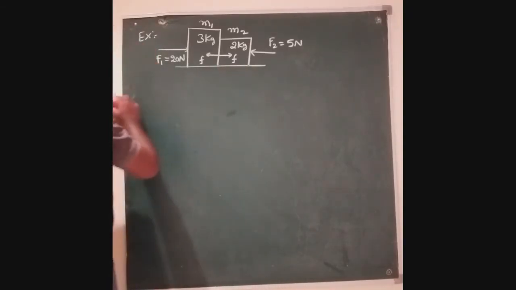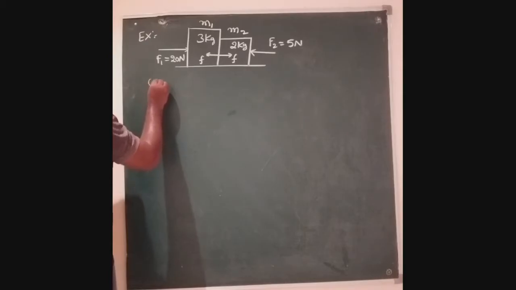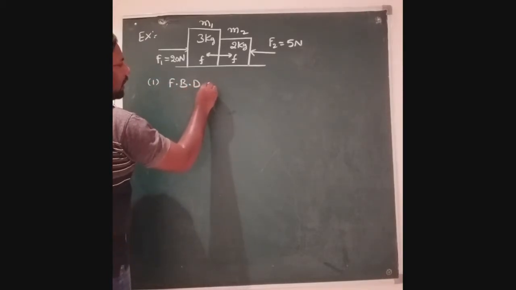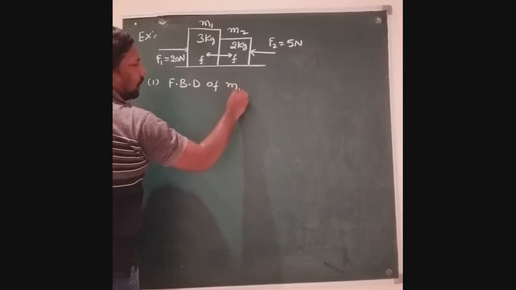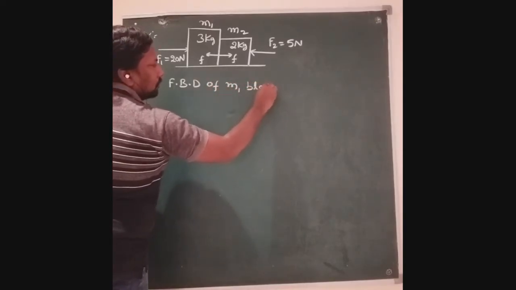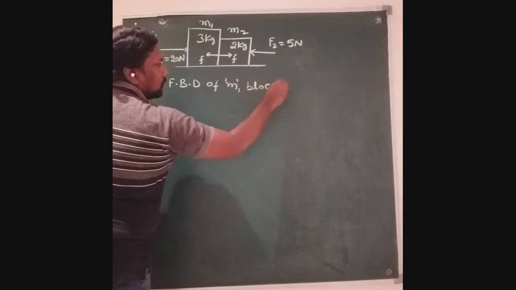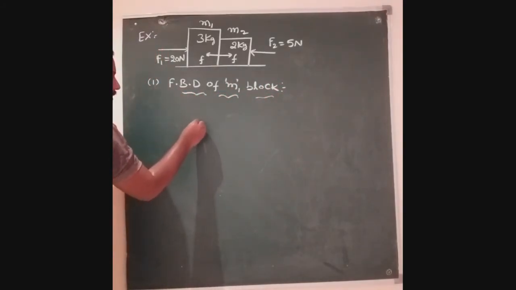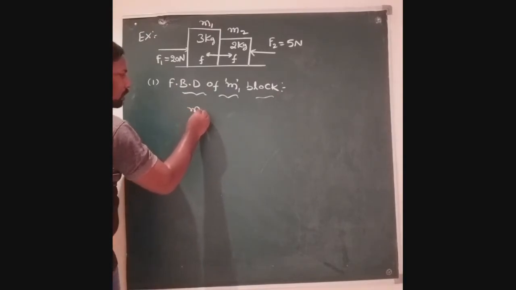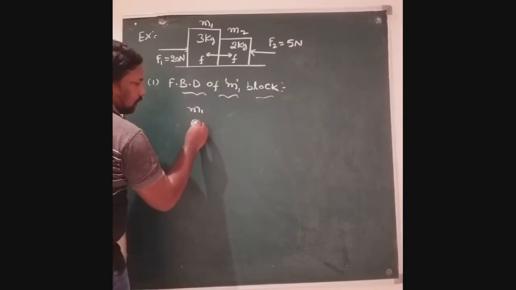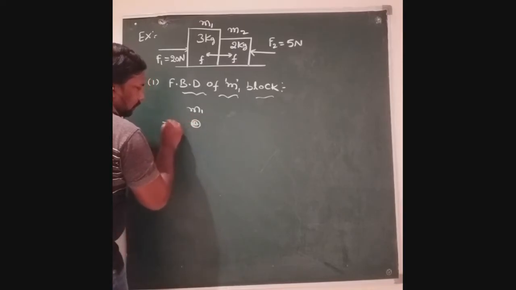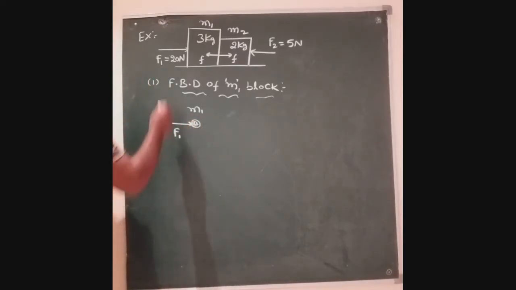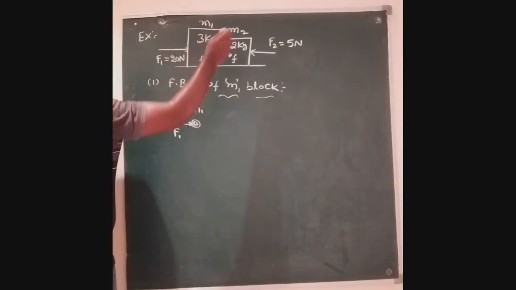So, free body diagram of the M1 block. Here F1 force is acting on the M1 block in the left to right direction.